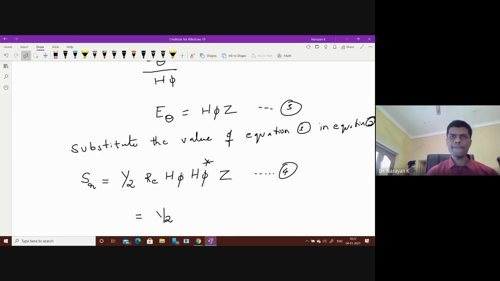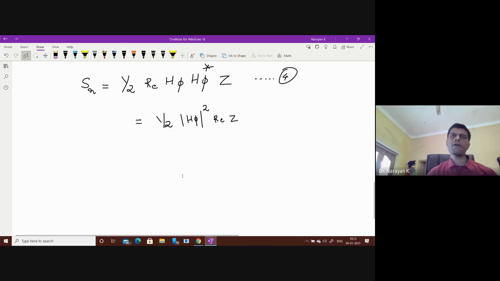Half of H phi whole square into real part of Z. This is your radial component of Poynting vector, or it can also be written as half of modulus value of H phi square.